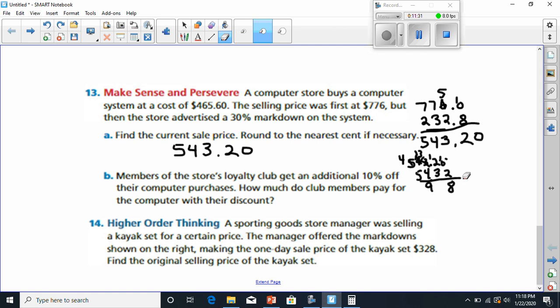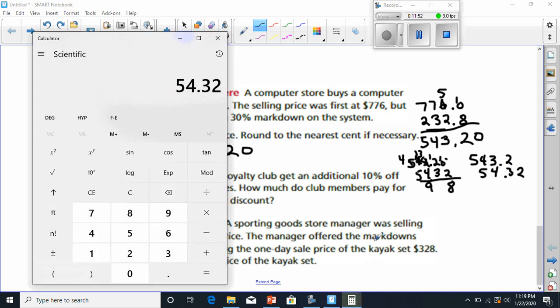Let me see here. There we go. That's the number right there. It was 543.2, and we're going to be minusing $54.32 from it.